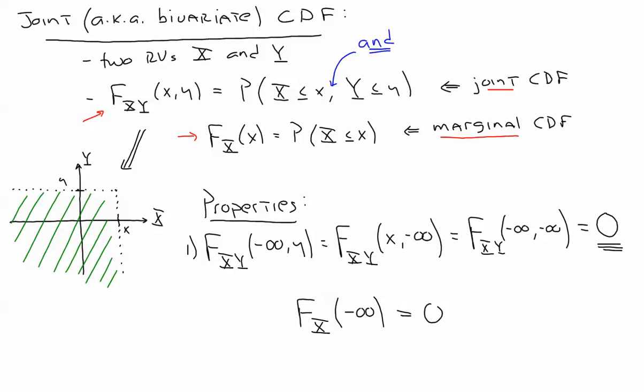It's 0% likely that random variable x or y, independently or jointly, will be less than or equal to minus infinity. For that reason, if I evaluate my joint cumulative distribution function by letting x equal minus infinity, or y equals minus infinity, or x and y simultaneously being minus infinity, my result is exactly 0.